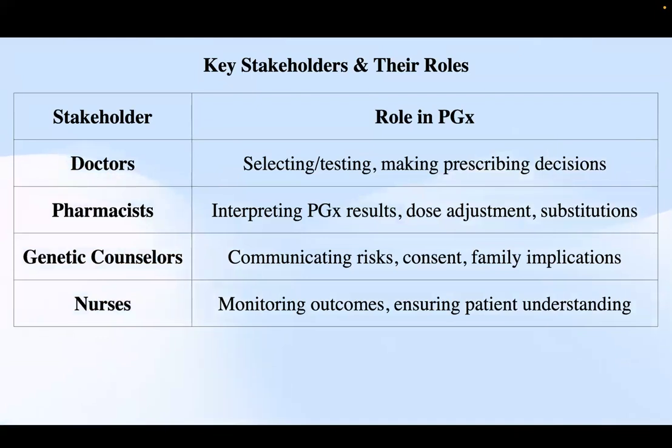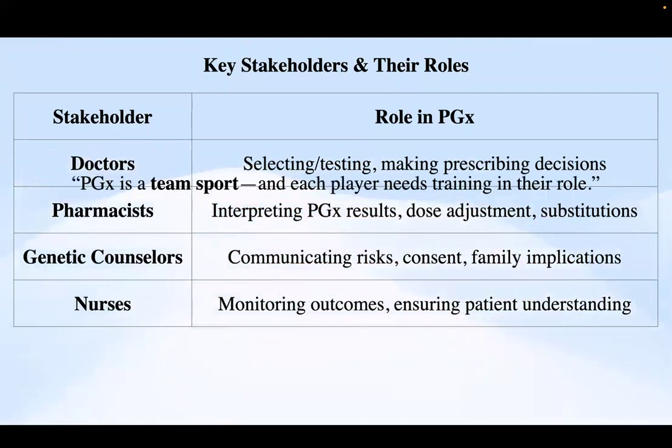Okay, so here we also have the category of genetic counseling, but the role of genetic counselors is very limited in India right now, though it is in a growing stage. Their role is communicating risk, consent, and family implications. And the role of nurses here is monitoring the outcome and ensuring that patients understand.